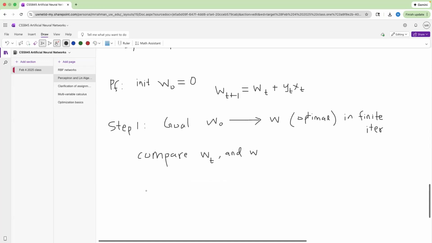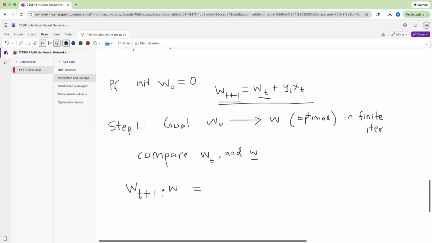So what we want to see is that with this learning rule, when we replace WT with WT plus 1, are we getting close to W? That's what we want to see. So let's see what happens. Now let's look at WT plus 1 and take the dot product with W. Let's substitute this equation.